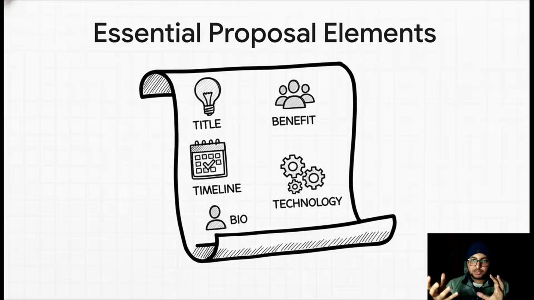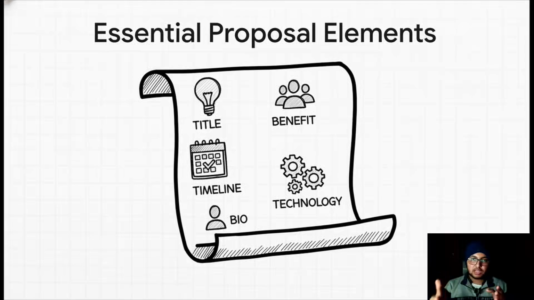Now, a proposal is not just something like an email or a WhatsApp message that you just casually do. You have to put in a lot of effort and a lot of research into writing your proposal. Your proposal will have a title which will tell in short what you are actually going to do if you get selected as a GSoC participant for that organization.